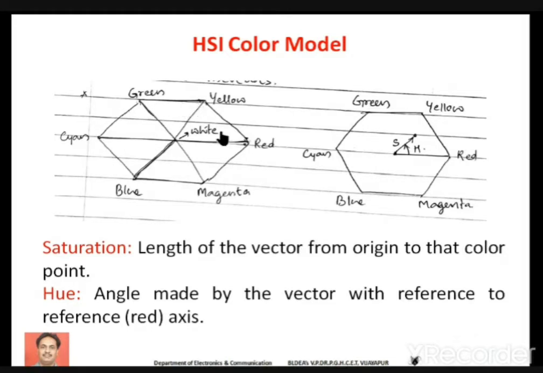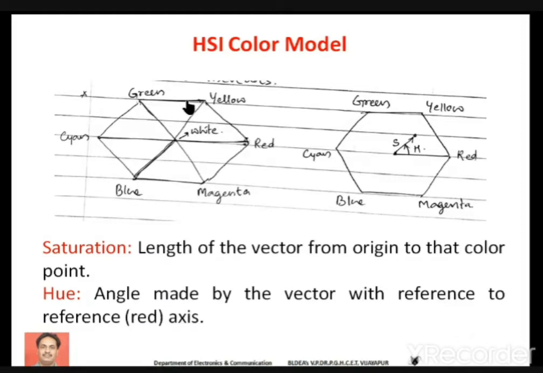If you look at this shape, we have red, green, and blue as three corners, R, G, and B, of the hexagon, and the other three corners are again the secondary colors. By mixing red and green, we get yellow, so this point is yellow. By mixing green and blue, we get cyan. By mixing red and blue, we get magenta.